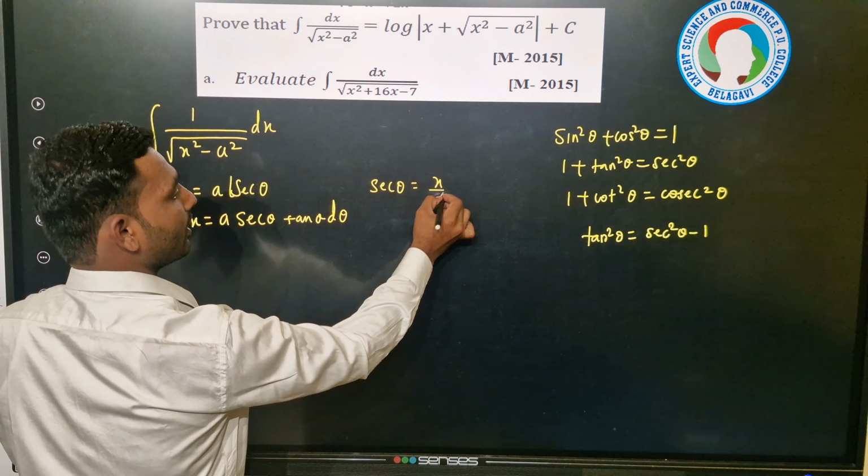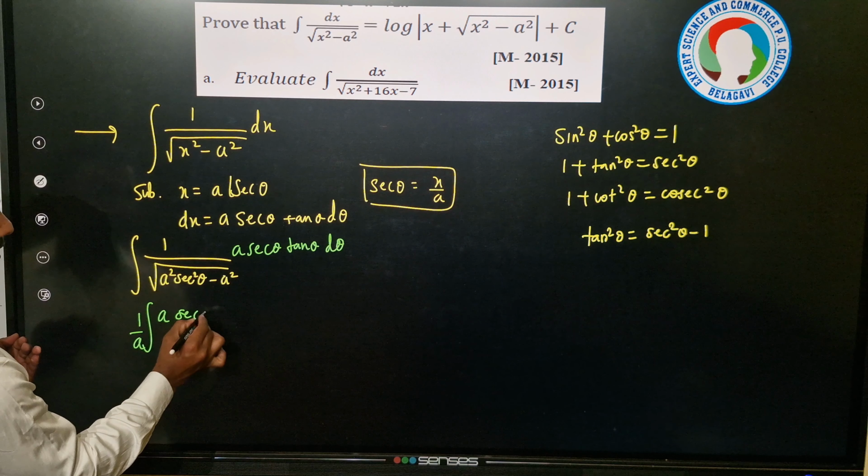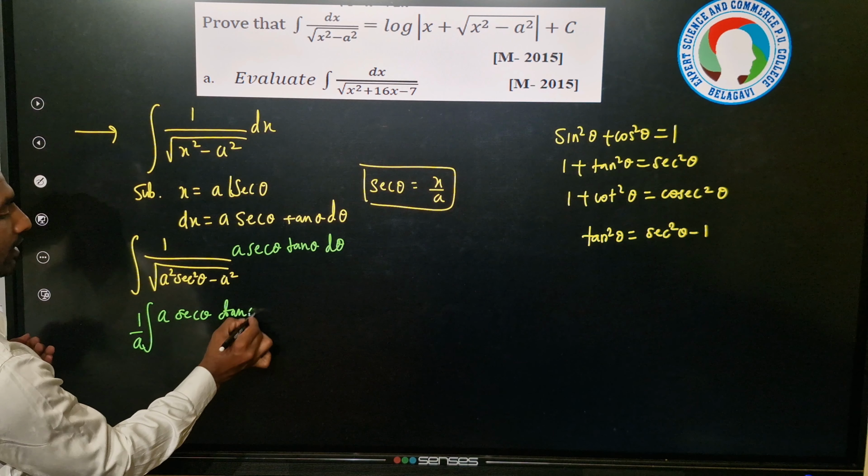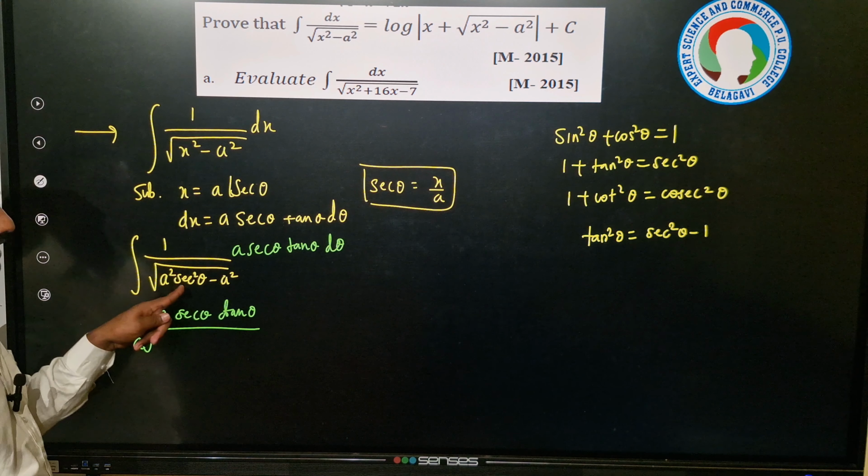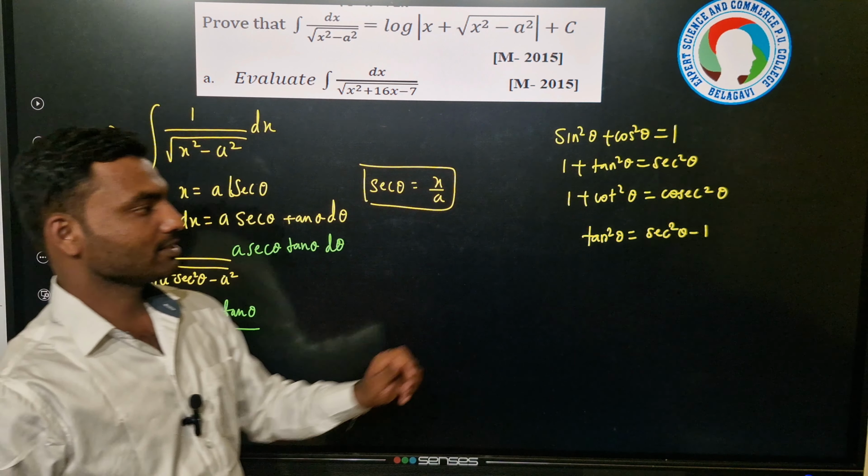So you can take this whole thing as a simple thing. So a square common, take outside, then you will get 1 by a sec theta into tan theta whole divided by sec square theta minus 1. Sec square theta minus 1 value is tan square theta. The square root of tan square theta is nothing but tan theta. So this value becomes tan theta.